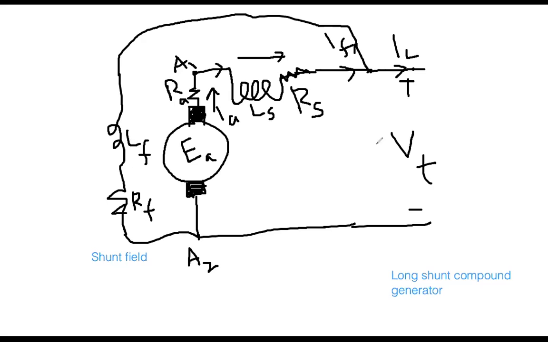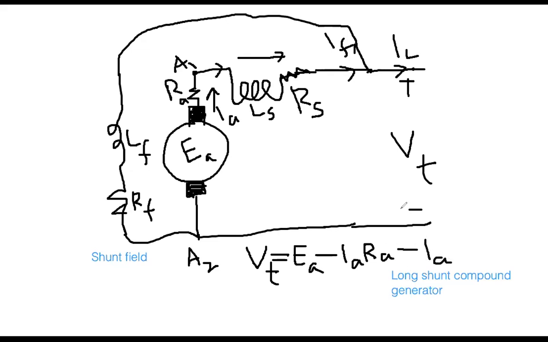Now, let me write down the equation, then it will help you to solve the problem. Everybody say, what will be my VT expression? I am writing VT here. Look at me. For this configuration, VT will be first the induced voltage, EA, then subtract this drop, minus IA RA. And again the same current is flowing, so there is another drop.